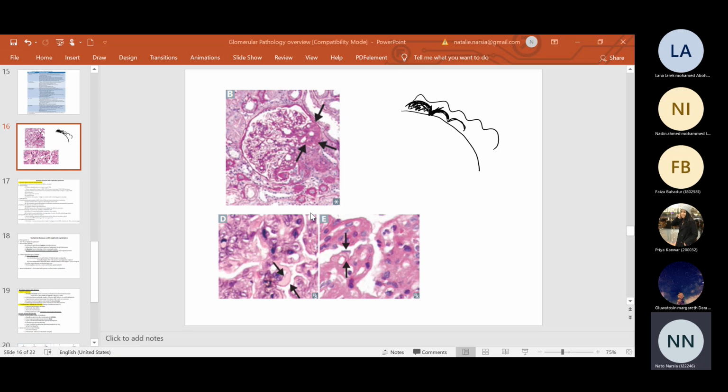You know that you have proliferation of mesangial cells, and you also know that you have immune complex deposits, right? So in membranoproliferative glomerulonephritis, you have immune complex deposits. And as you have this deposit, and this proliferation of mesangial cells, and mesangial cells have these cytoplasms, right?